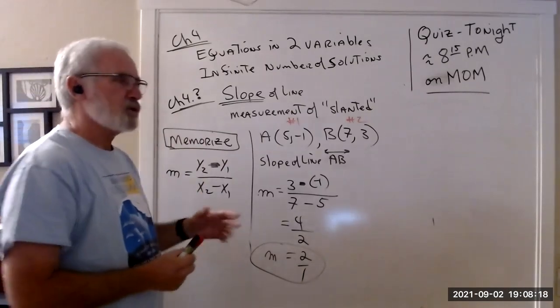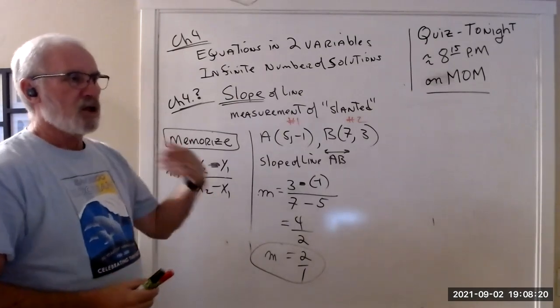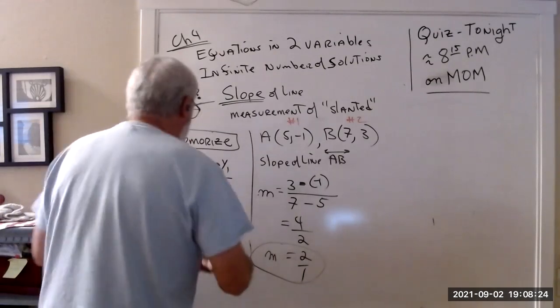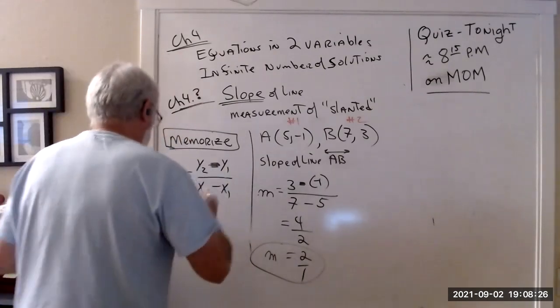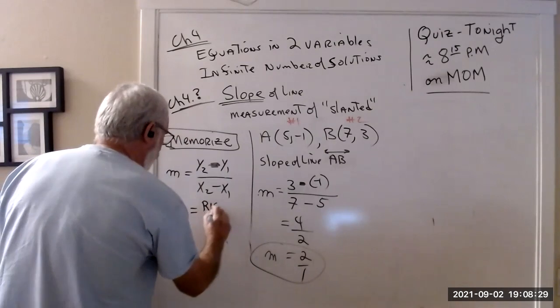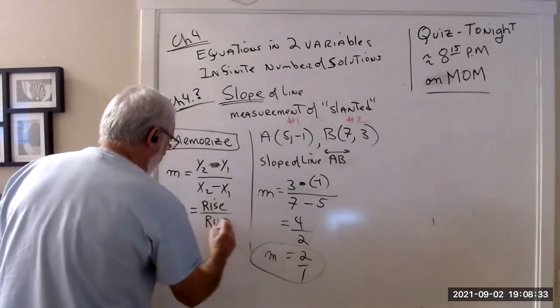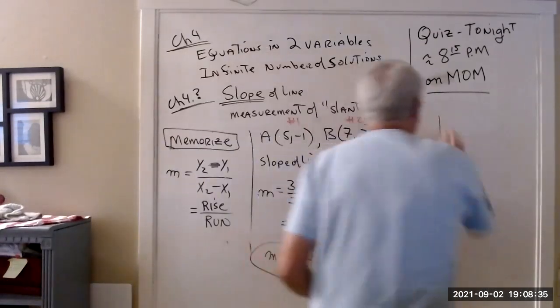Slope measures rise and run of your line. I'll show that in a minute. So the numerator here is the rise. The denominator is called the run. And I'm going to show you that when we plot this.